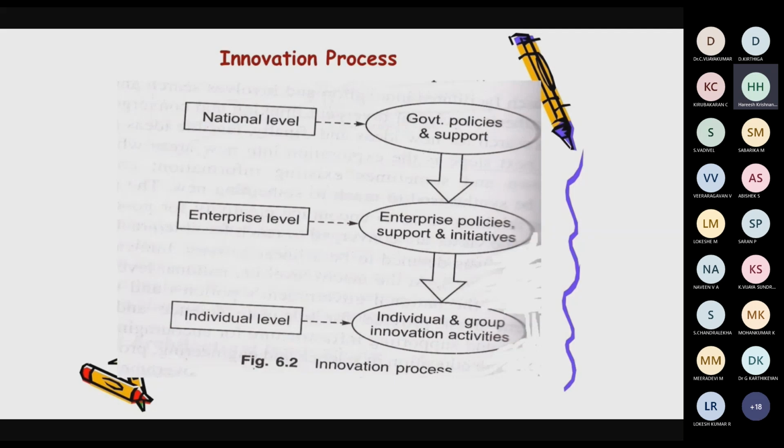And the final level is the individual level. The organization should create a multifunctional team, and some individuals are involved in the innovation process. So innovation largely depends upon the actions and motivations of multifunctional teams and some individuals. Among these three, the higher responsibility for the invention process is at the enterprise level.